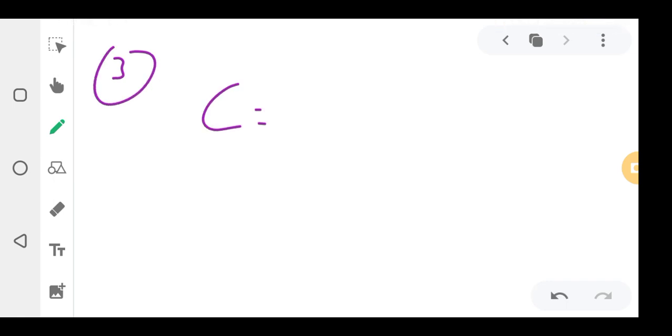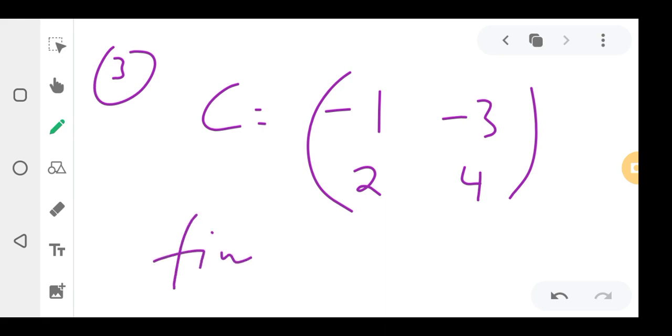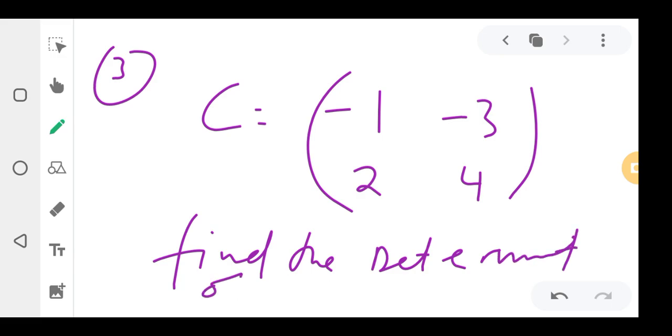C is equal to negative 1, 2, negative 3, 4. Find the determinant of C.